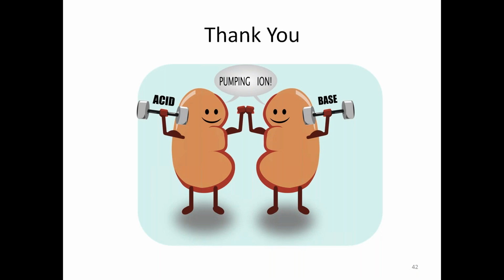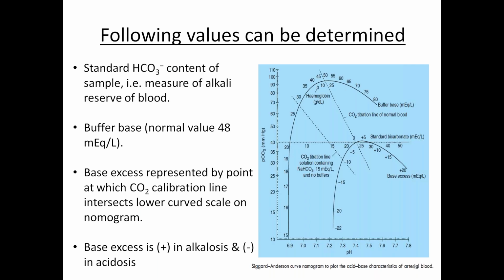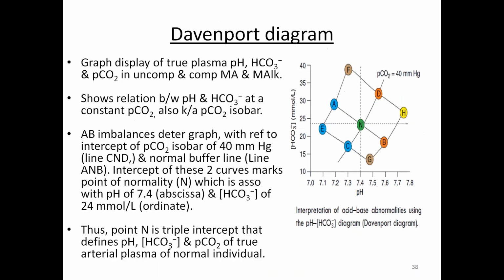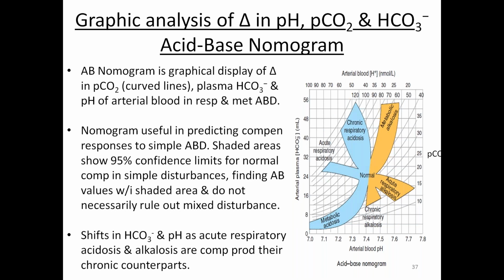Then you should know at least the names of these nomograms. You should know the three nomograms that I just told you: the Siggaard-Andersen curve. We learned about the Davenport diagram. This is the Davenport diagram, this one, and the acid-base nomogram.